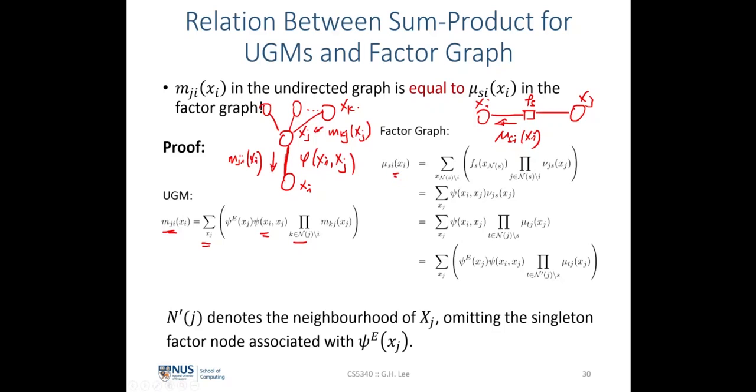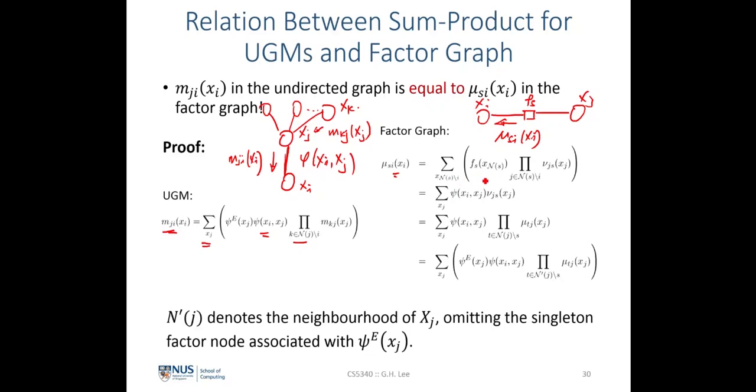And following the definition of the message passed from a factor node into a random variable node xi, because we are passing the message from a factor to a random variable, we better marginalize away all the other random variables contained in this factor. In this case, it would be all the random variables connected to fs except for xi itself.